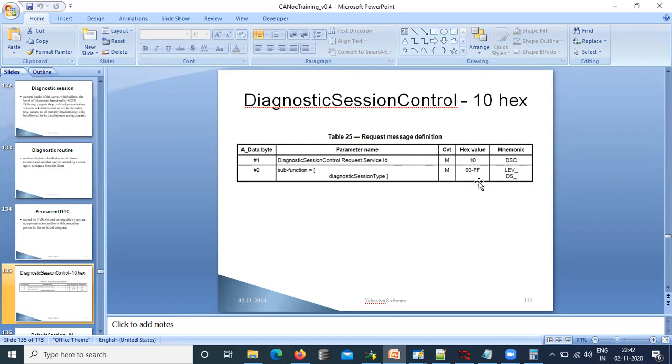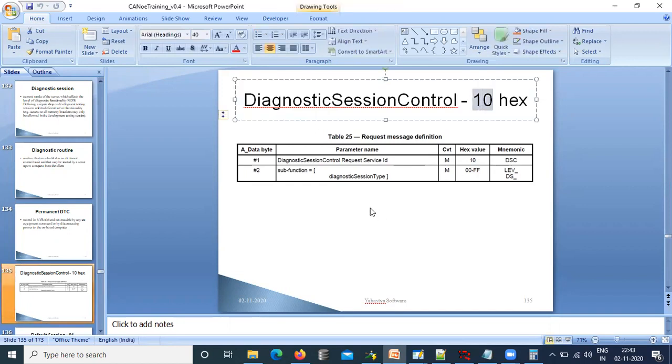They have a different number for each session. So using that, you can enter into any diagnostic session that you want. 10 is the control word to move from one diagnostic session to another.